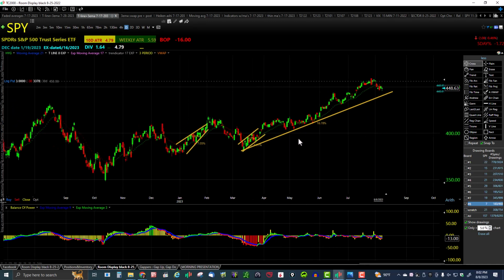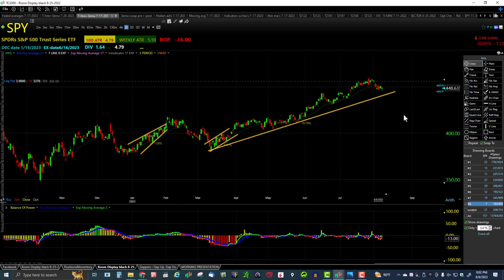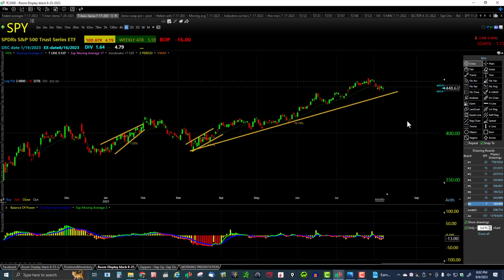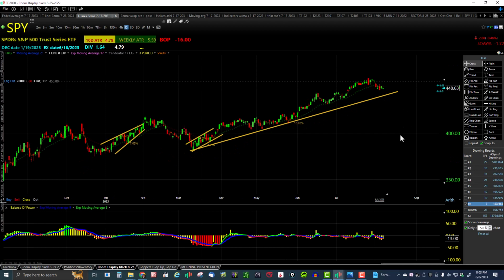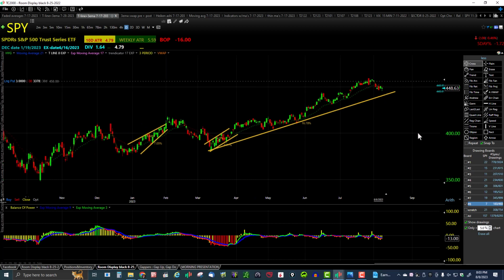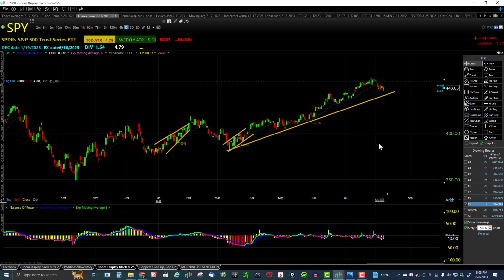So here's a picture of the SPY. Can anybody see a pattern developing here on the SPY? Go ahead and answer. It's not a trick question. Can anybody see something developing on the SPY? Yeah, it's got a bit of a rounded top, RB. Yes, it does.